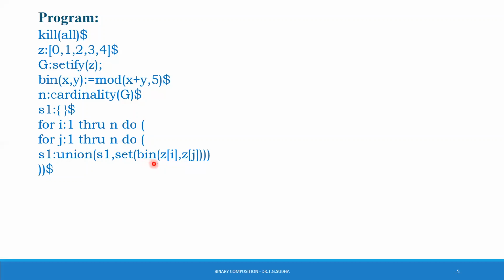Bin of 0, 0 will be mod of 0 plus 0, comma 5. So the entry we get is 0. So that will be added into this set. And that set is once again the union of S1 and the set of all entries operated. This union returns the union of the sets S1 and the set of all entries after operation.